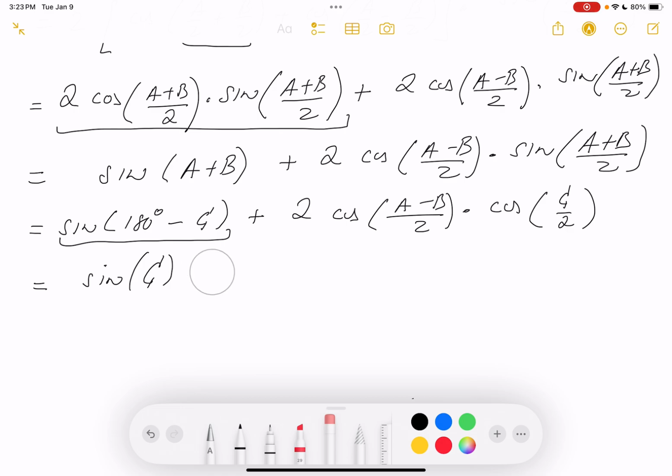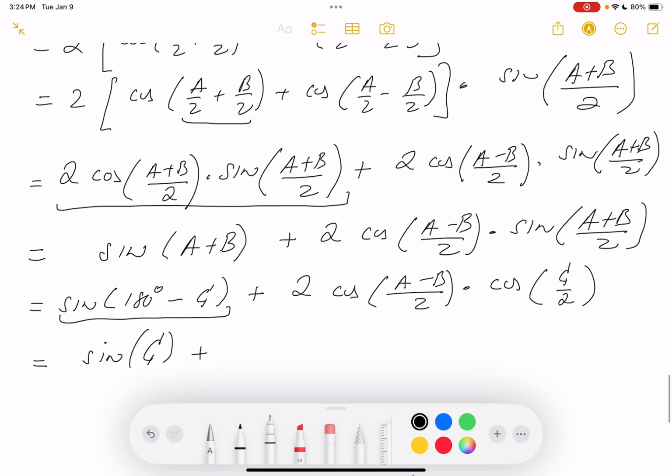All right, let's write this one down now. Plus, I got that too, don't I? Cosine A minus B. I gotta start thinking now. And let me see if I have that written down somewhere.